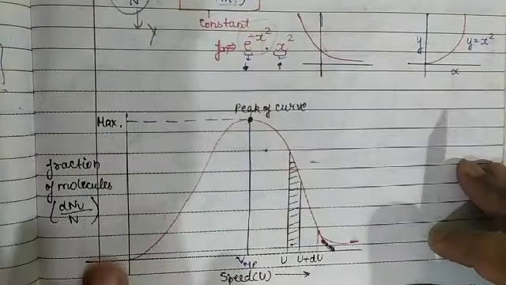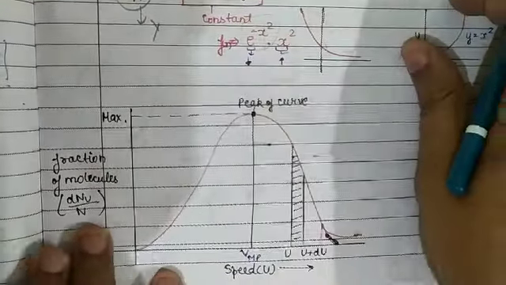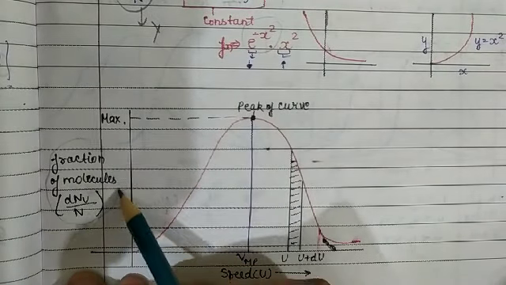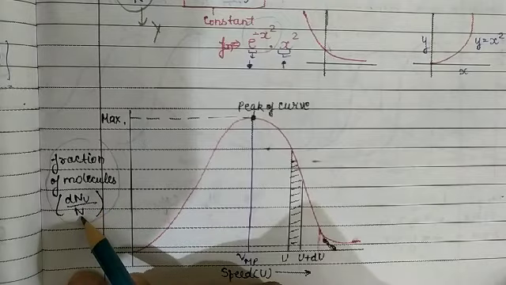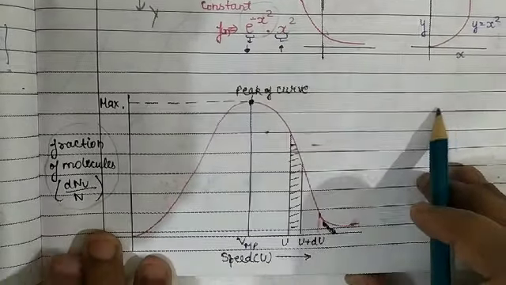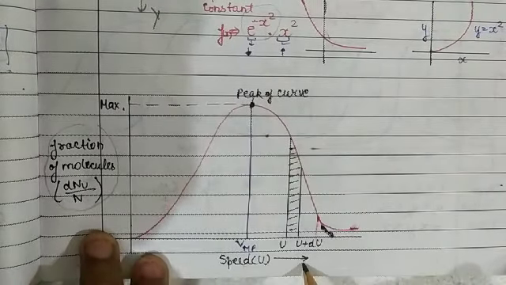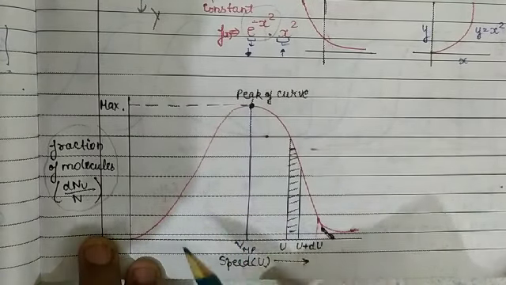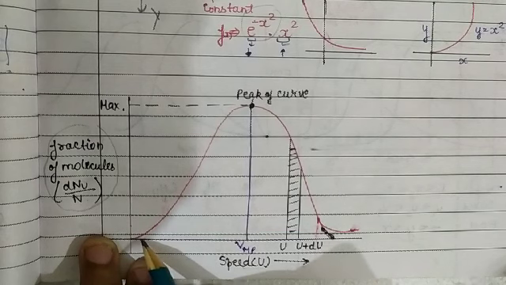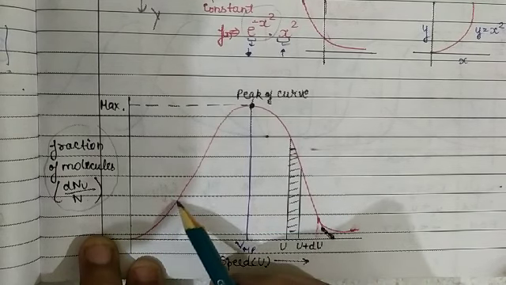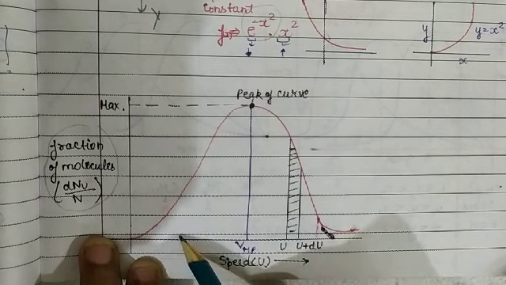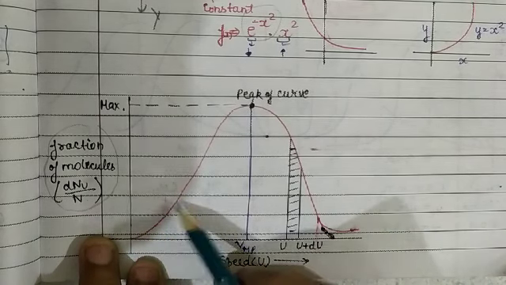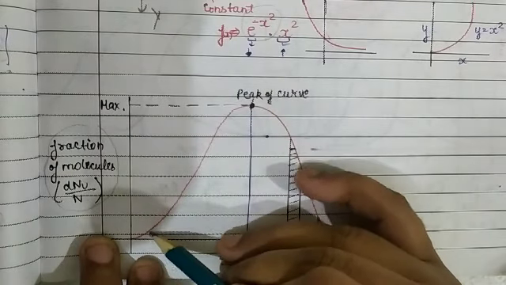Always remember only the graph. The graph between the fraction of molecules, dN by N, and speed u: as velocity increases, the fraction of molecules also increases.